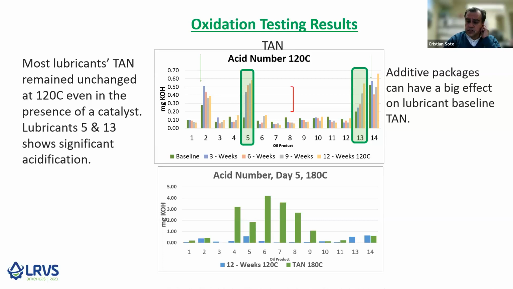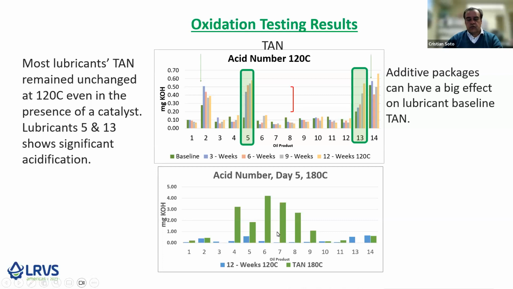We can see from the results here that when we go to 180 degrees C, as highlighted right here, many different lubricants actually show really significant acidification. In fact, some of them are different than those that were presented at 120 degrees that did not show acidification under those conditions. So what does this mean?